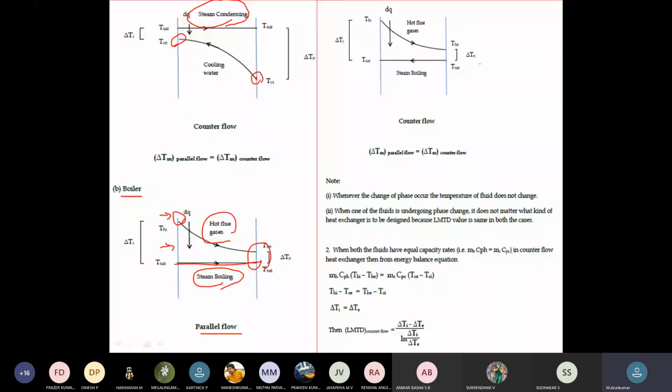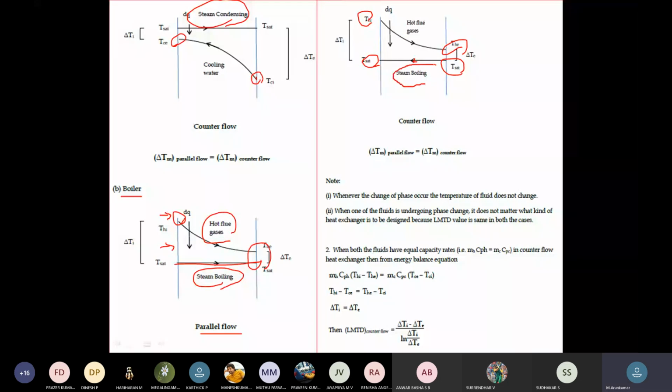If that is the case for a counter flow of a boiler, this is the inlet temperature of the hot flue gases, and this is the saturation inlet temperature of the steam. Then this is the exit temperature of the hot flue gases, and this is the exit temperature of the steam. Only if that heat transfer happens can we maintain the saturation of the steam.